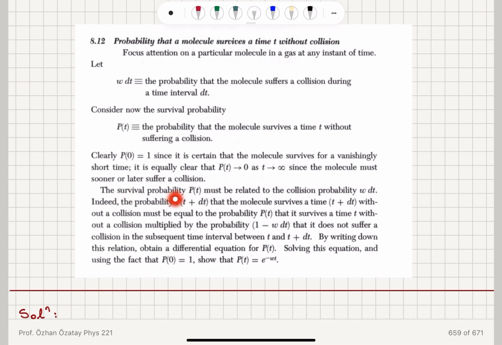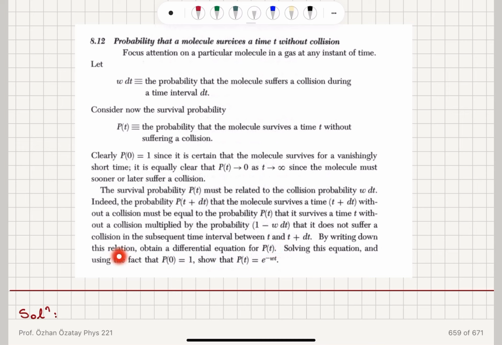The survival probability P of t must be related to the collision probability ω dt. Indeed, the probability P of t plus dt that the molecule survives a time t plus dt without a collision must be equal to the probability P of t that it survives a time t without a collision, multiplied by the probability 1 minus ω dt that it does not suffer a collision in the subsequent time interval between t and t plus dt.